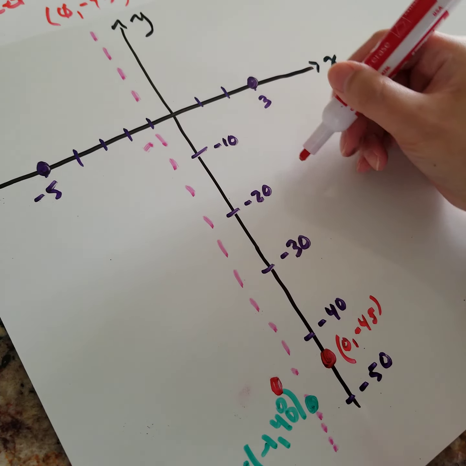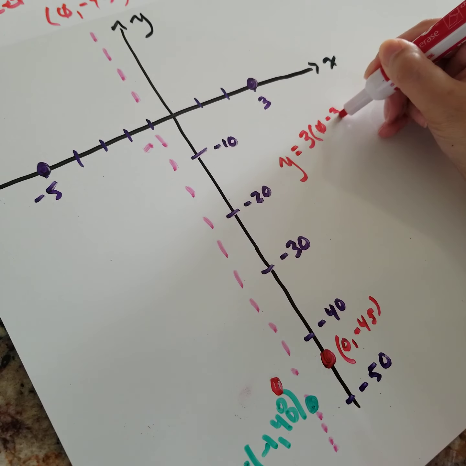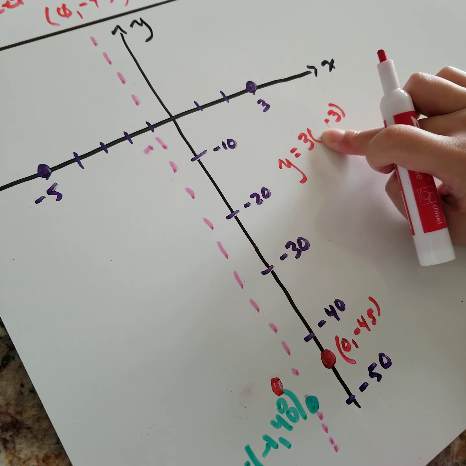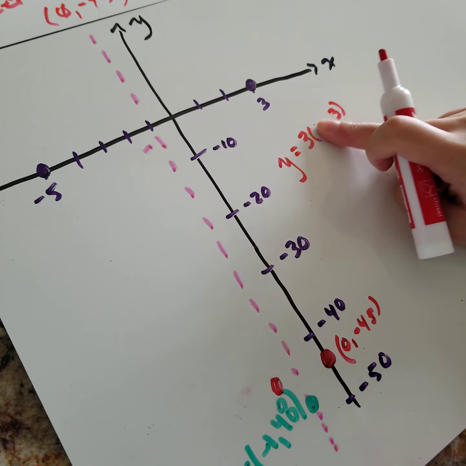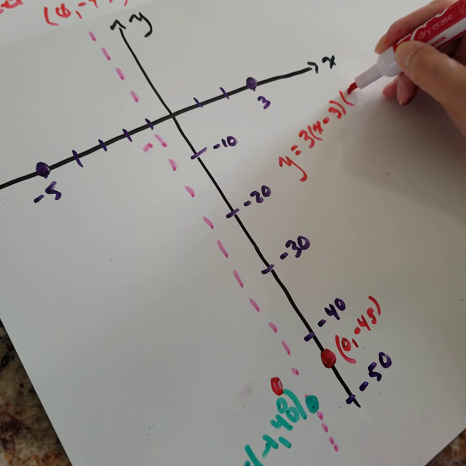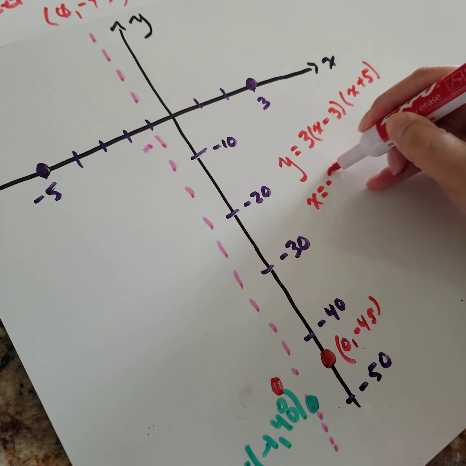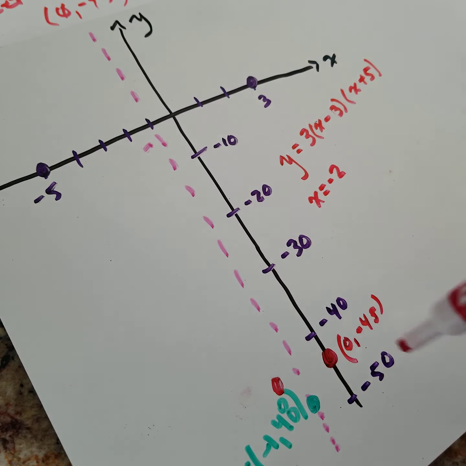So our equation was y is equal to 3 times x minus 3 times x plus 5. I'm going to let x is equal to -2 and see if I also get the same height at -45.